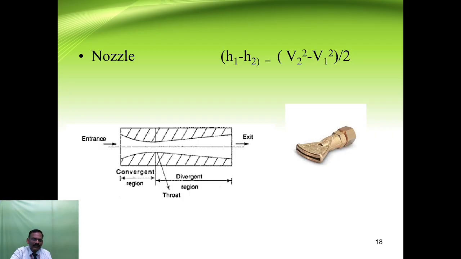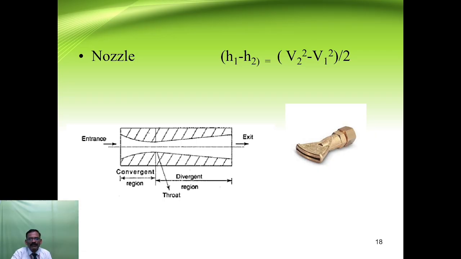In between is called the cross section, and there are also the entrance and exit. Here our main aim is to find the exit velocity. Normally we know the inlet velocity and the enthalpy of the inlet steam and exit steam, but our main aim is to find the exit velocity. It is needed for many cases.